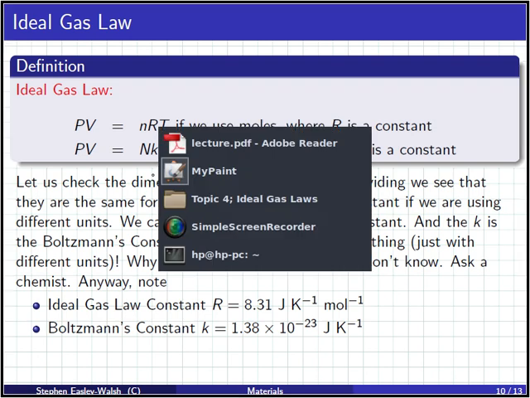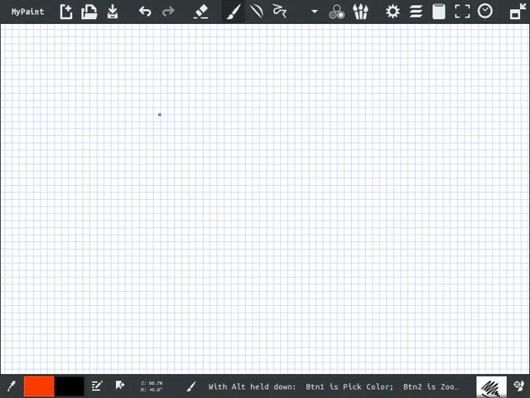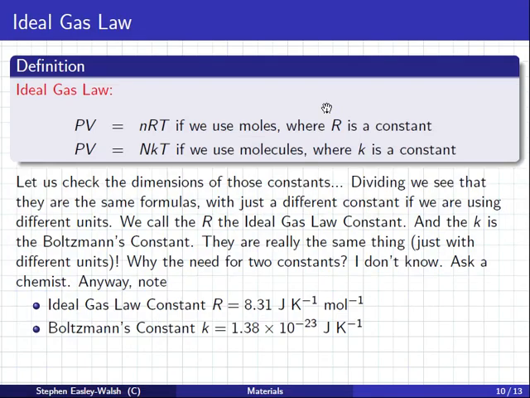It would be like me saying, here is Newton's formula F equals ma if you're using kilograms, and here is Newton's formula if you're using grams. It seems very odd to me that there should be two different formulas just because of two different units. I really don't know. It's very confusing. There might be a good reason for it. Anyways, what you need are these formulas and these constants.